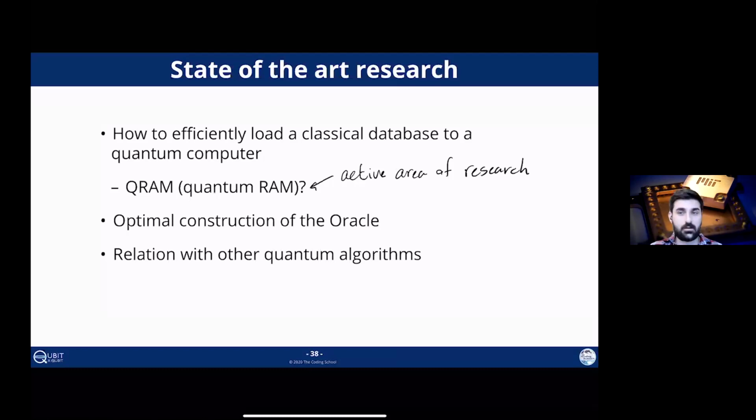And finally, what is the relationship between Grover search algorithm and other quantum algorithms? Is there a way to unify, in a sense, what makes quantum algorithms faster than classical algorithms? Because it has been shown that Grover's algorithm is actually optimal for search.